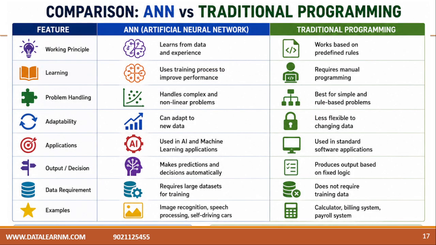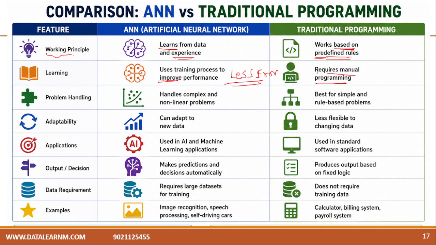If we compare ANN with traditional machine learning, the working principle is that ANN learns from past data and experience. Traditional programming works based on predefined rules. Whatever rules we define, on that basis it works. ANN learning uses a training process to improve performance. Until you get less error, it continuously works iteratively, and it requires manual programming.